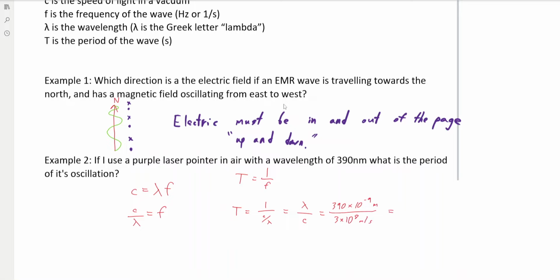And so then we're going to be left with seconds, which is 1.3 times 10 to the negative 15 seconds. Oh, and I just want to point this out. This times 10 to the negative 9 is in your formula sheet because it tells you nano means times 10 to the negative 9. So that's where that's coming from.